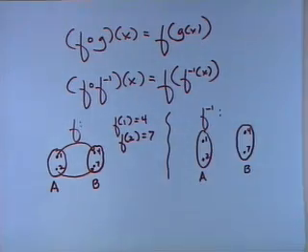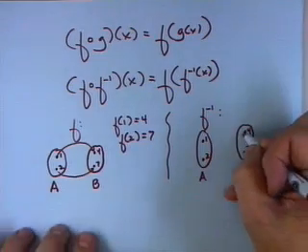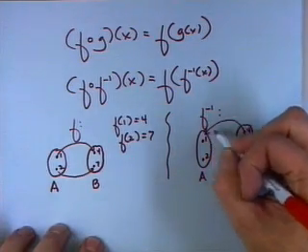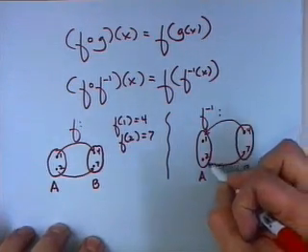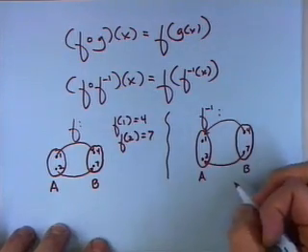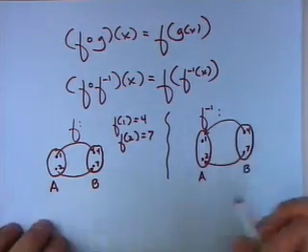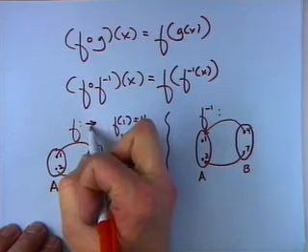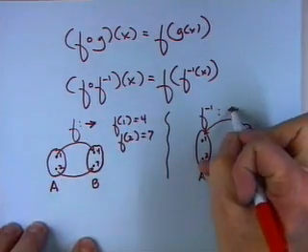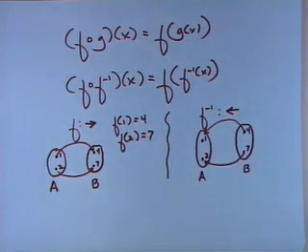Except now we start with the range, an element in the range. We come back here. So that's f inverse. So f goes in this direction, and f inverse comes in this direction.